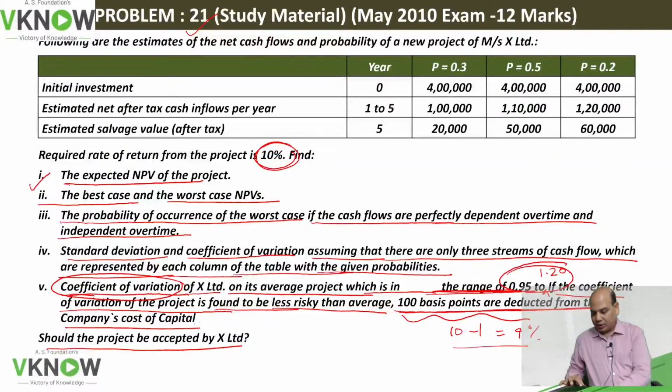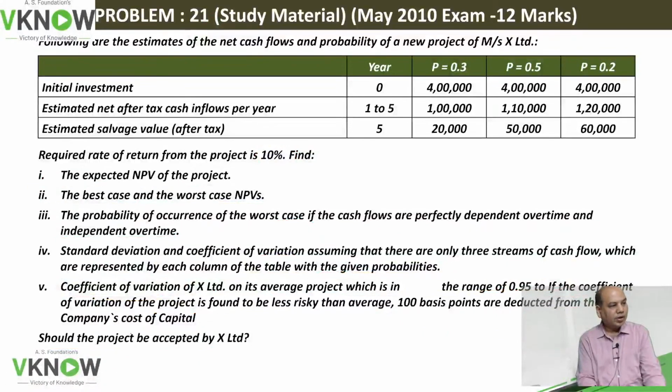First question is expected NPV of the project. So how do I compute the expected NPV of the project? Can somebody help me please? We have three possibilities. Either this combination can realize, or this combination can realize, or this combination can realize. Is it right?